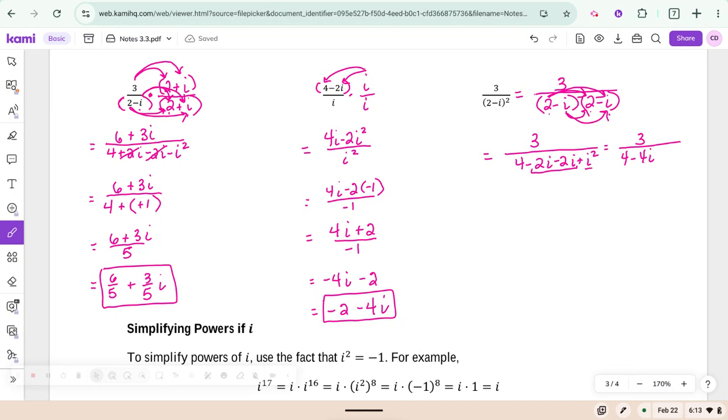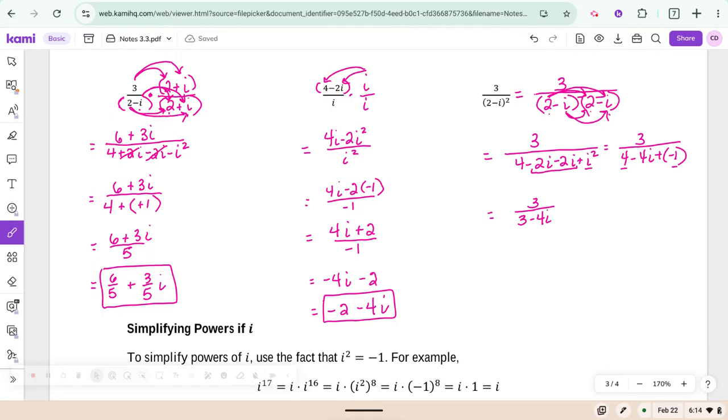And then of course I have plus i squared, which is -1. So I can add 4 and -1 together in my denominator. 4 minus 1 is 3. And I still have my minus 4i. So all I've really done is taken care of squaring 2 minus i. I haven't rationalized my denominator yet.